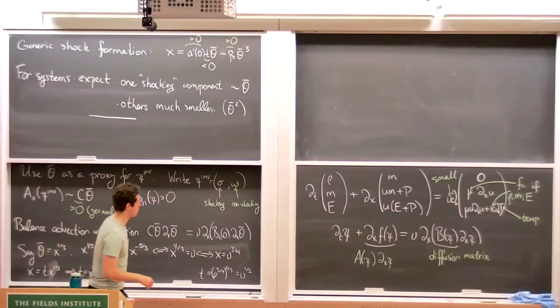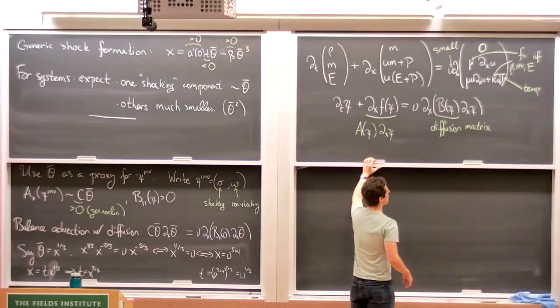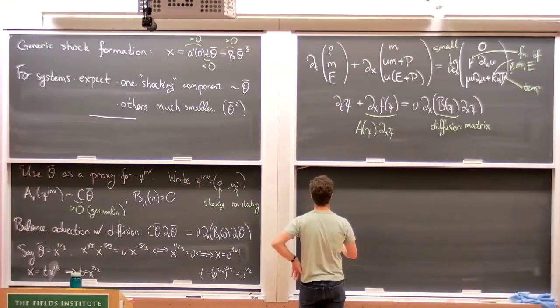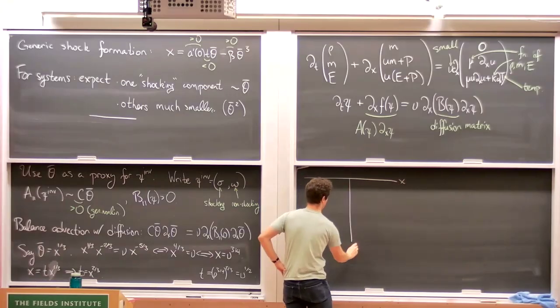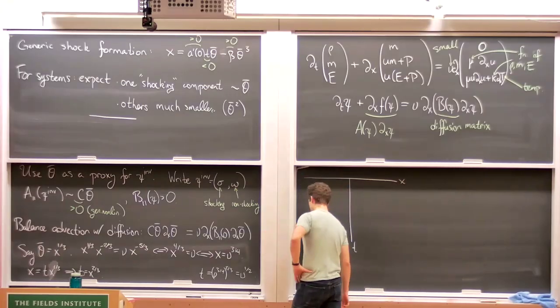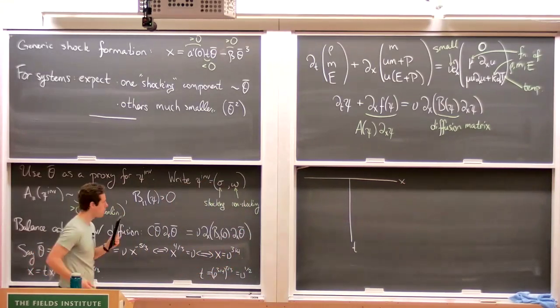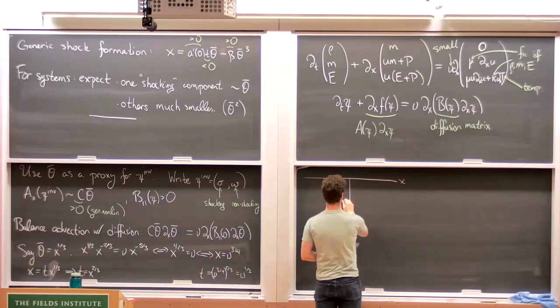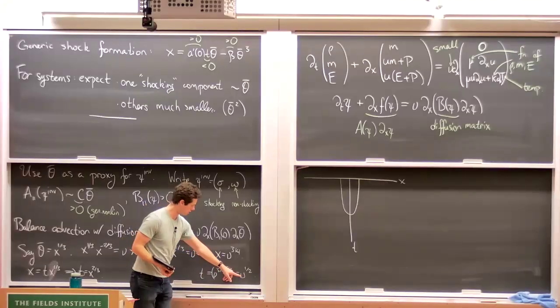So let me draw what I mean by this. I'll draw a diagram of space-time. Here's space. Here's time. And what I've just calculated is that there's a certain anisotropic region in here, which is much larger in time than it is in space because nu is small.